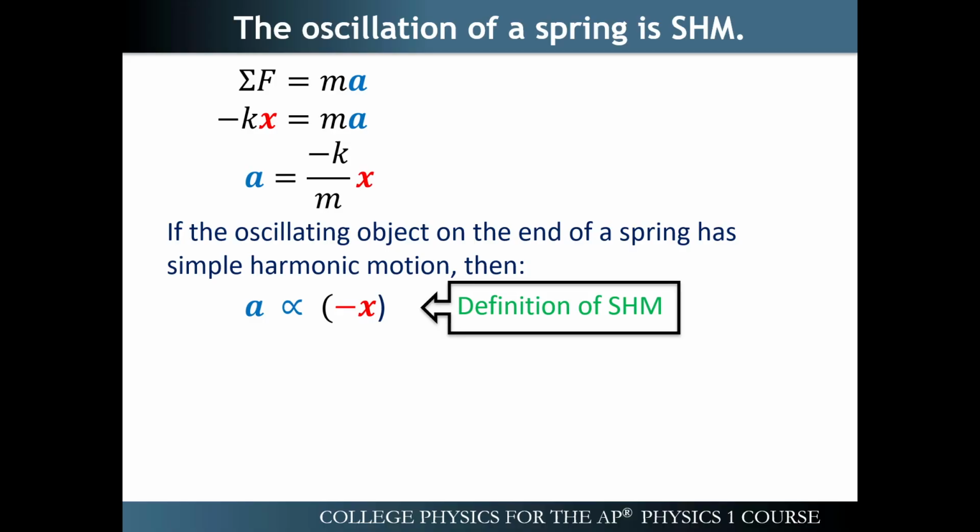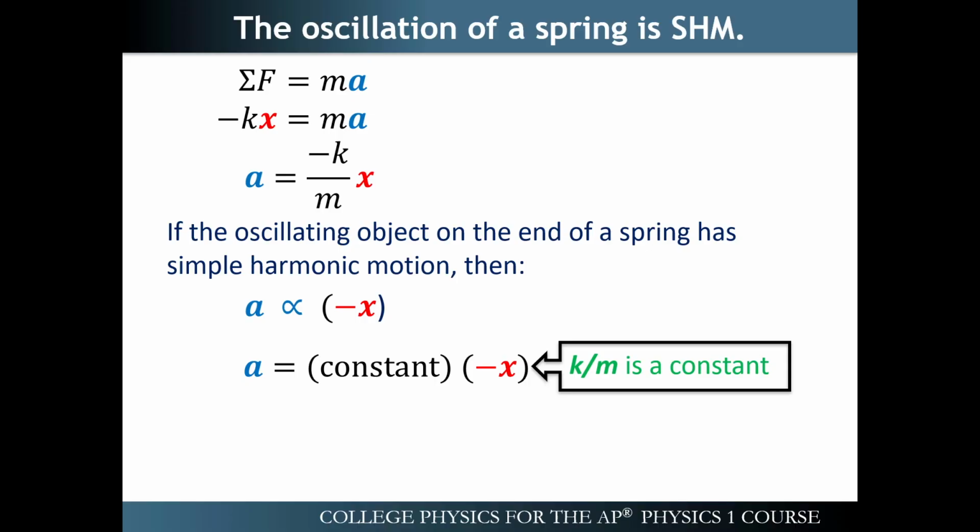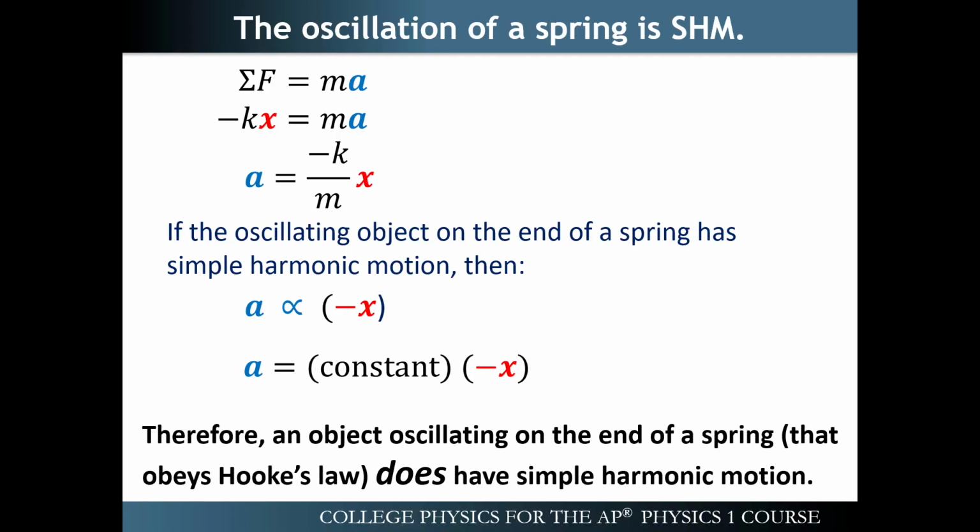Well, that means that the acceleration must be equal to some constant multiplied by the displacement in the opposite direction. And the spring constant is constant by its very name. And the mass of the object wouldn't be changing, so the mass would also be constant. So this k over m value is a constant value, thus showing us that if the spring is behaving as an ideal spring and obeying Hooke's law, it does have simple harmonic motion, because the acceleration will be equal to the constant, in this case k over m, times the displacement, which is in the opposite direction of the acceleration.